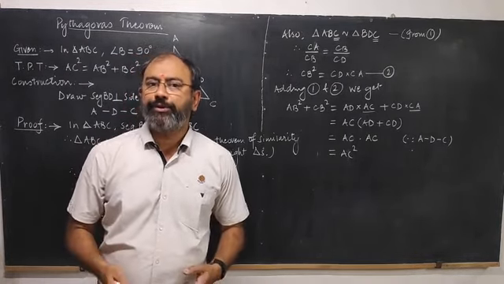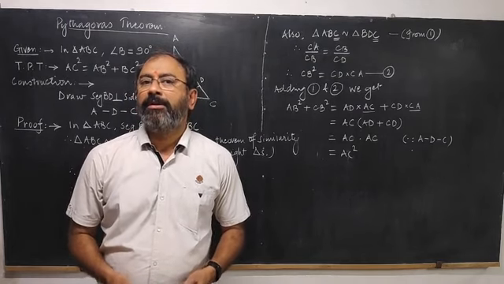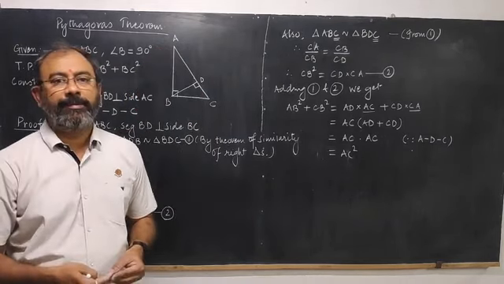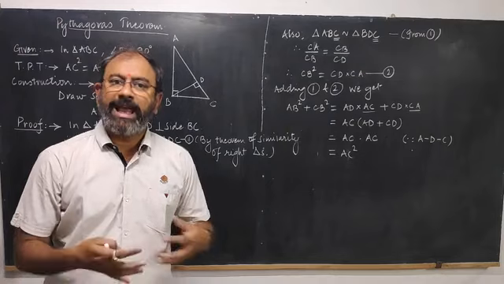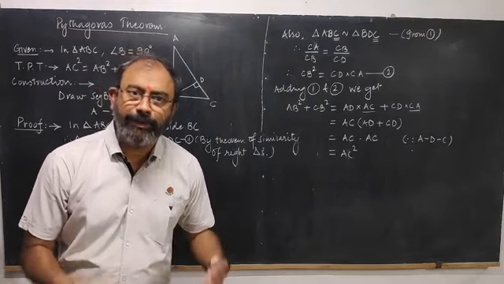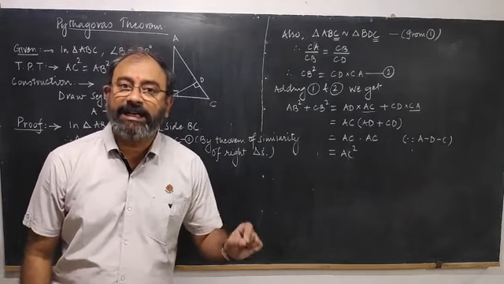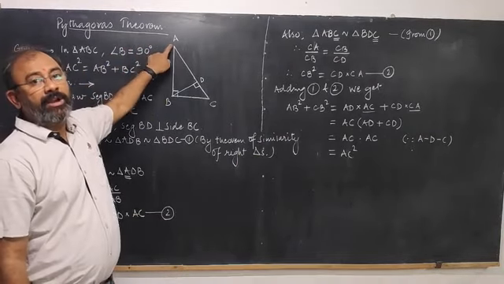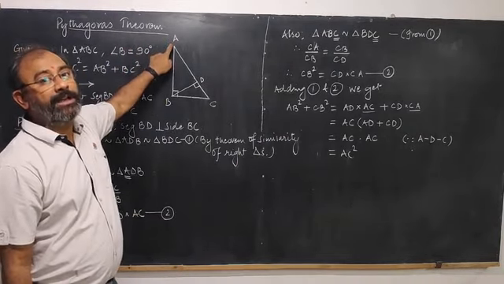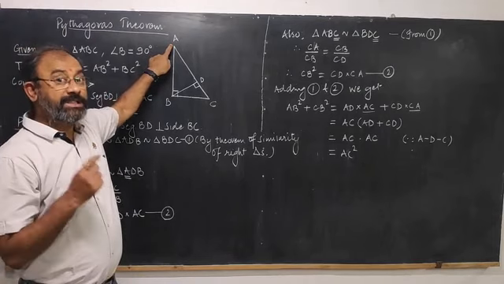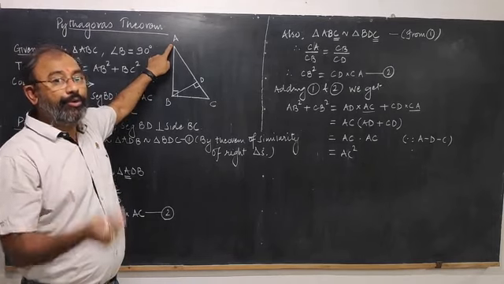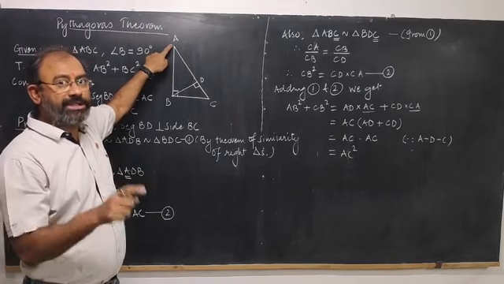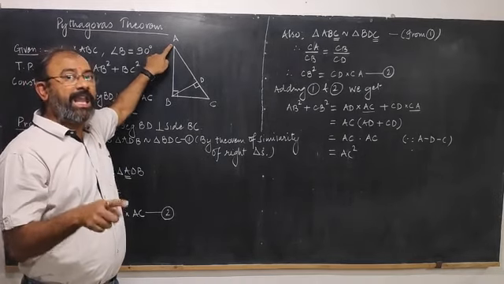Now, which 2 should be used? The two ratios will have 4 sides, and we will use those 4 sides containing vertex A, which is the end point of the hypotenuse. So this is the hint for you. You have to write those segments having vertex A.